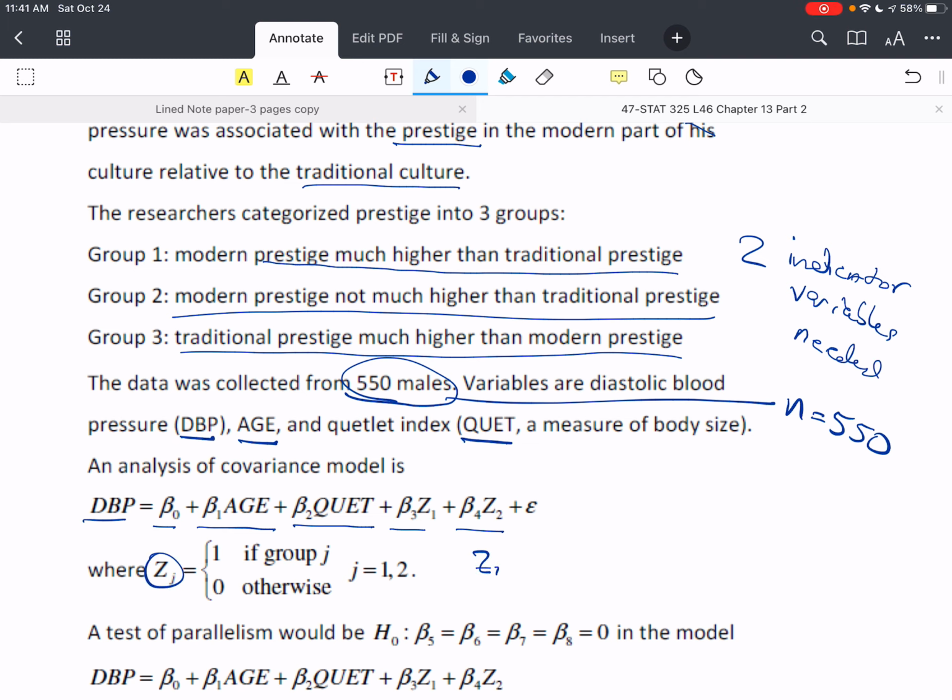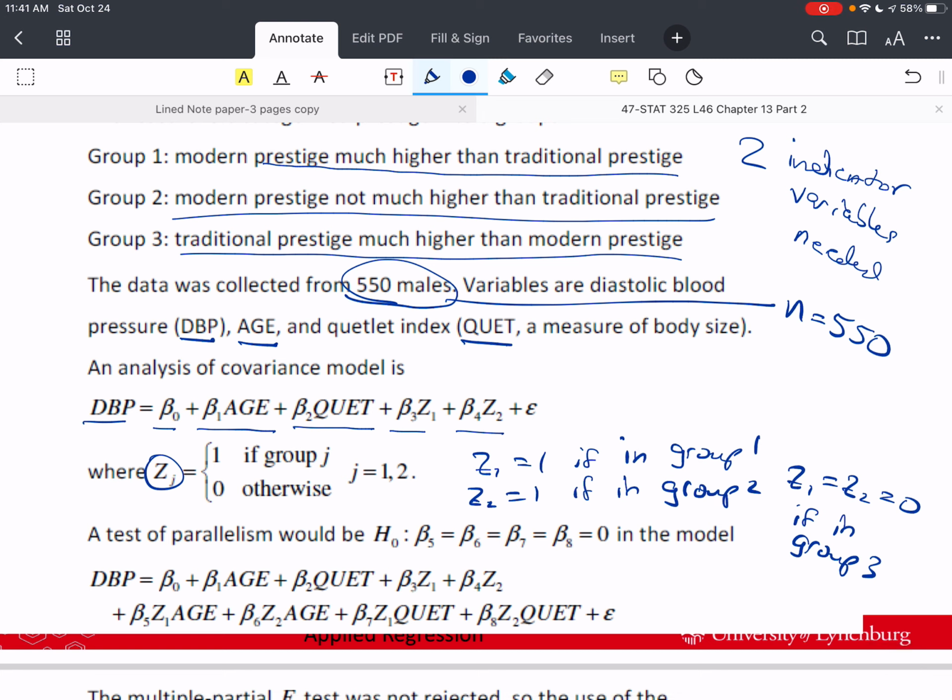So Z1 equals 1 if in group 1, Z2 equals 1 if in group 2, and Z1 equals Z2 equals 0 if in group 3. To test for parallelism, we would need that beta 5, 6, 7, and 8 would have to be 0.